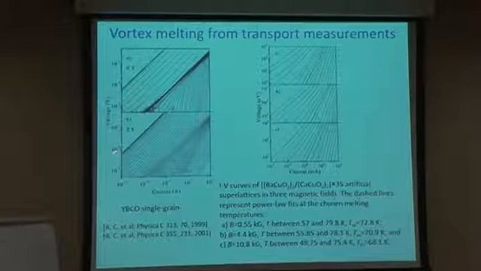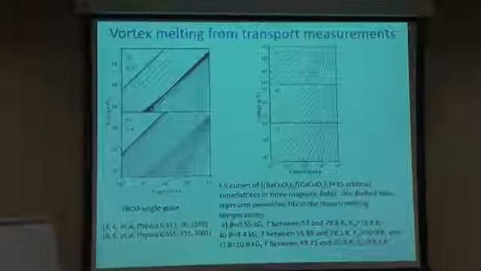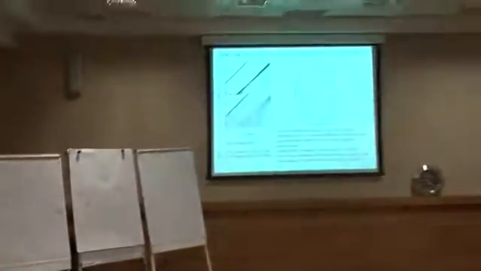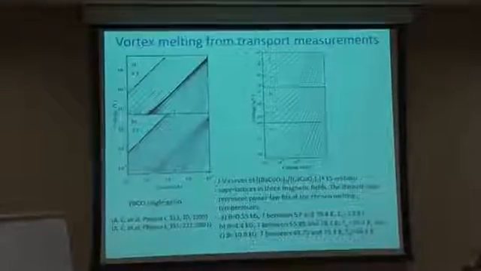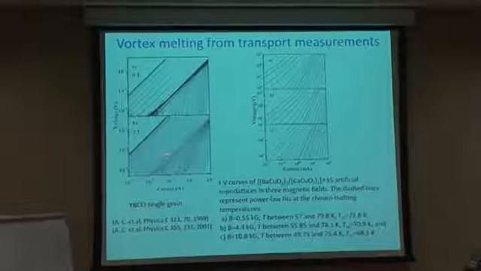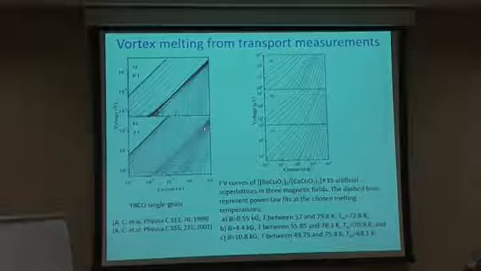So what we see here, we see many IV curves which go on top of each other, and we are around here when we approach the normal one. Then you see the curvature is like this. It goes down like this. So here we are in the vortex liquid phase.